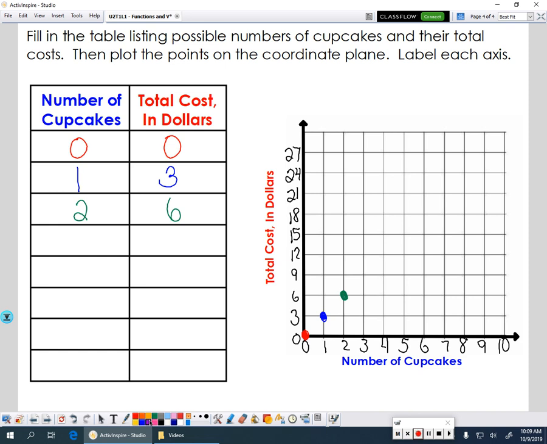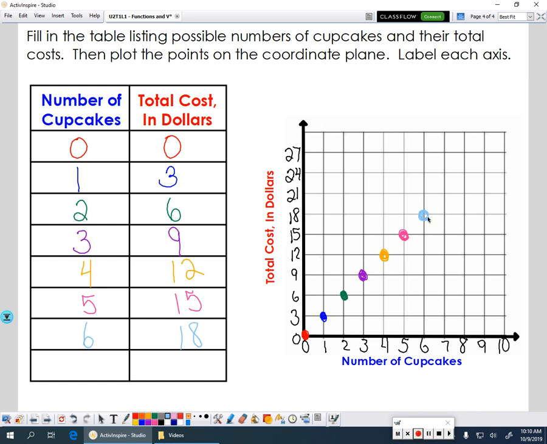Take a minute, pause the video, and then when you're ready and you've got your graph and your table completed, you can start the video up again. So 3 cupcakes is $9. 4 cupcakes is $12. 5 cupcakes is $15. 6 cupcakes is $18.